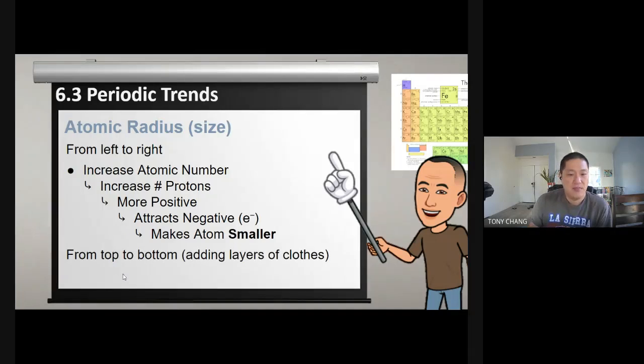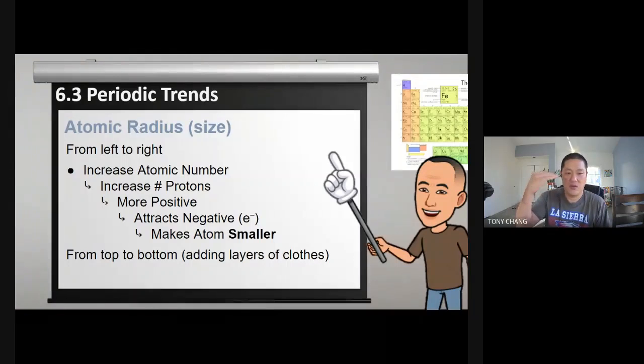From top to bottom, we're adding, think of it as adding layers of clothes, okay? So when you add layers of clothes, like, I don't know if you've ever seen those kind of commercials where the little kid is going out into the snow and the mom puts on layers and layers and layers of clothes. And so later on, the kid is like this and can't move because it has so many layers of clothes. So it's that type of idea, okay?